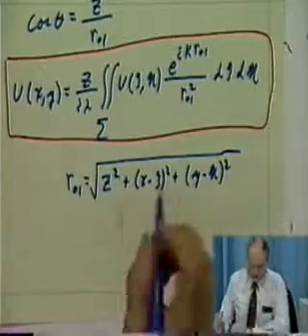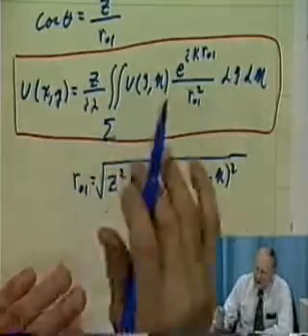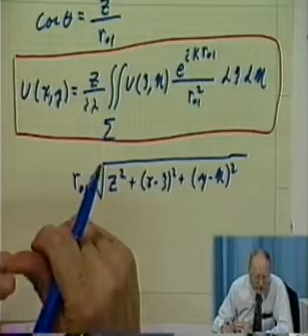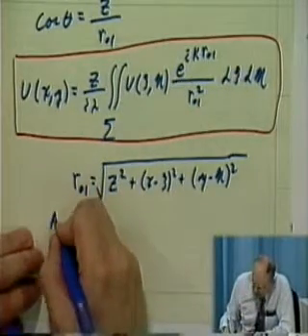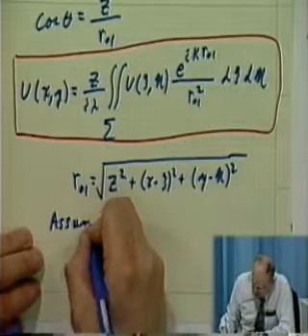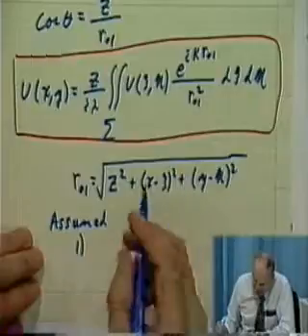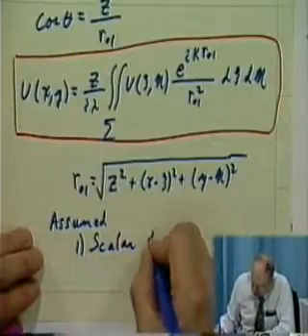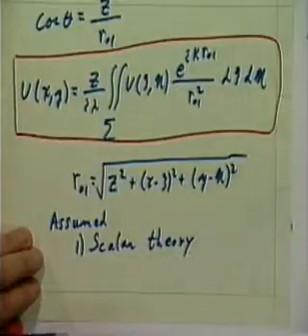Now to get to this expression here, I mean it took us a few days to get to that expression, but in getting here we really assumed two things. One was we assumed that the scalar theory is correct, and so this is really saying that the aperture is large compared to the wavelength.